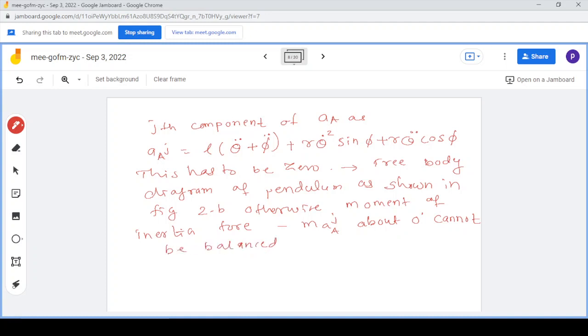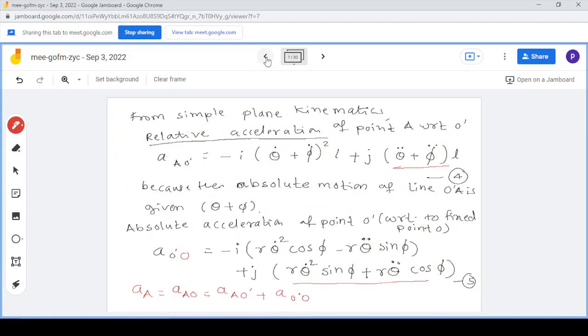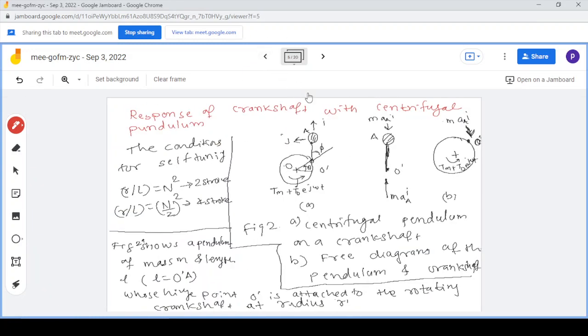Look at this, the free body diagram. In the free body diagram, we can see only the two inertia forces acting. One is MAAI and another is MAAI, right? So both are balancing each other, right?